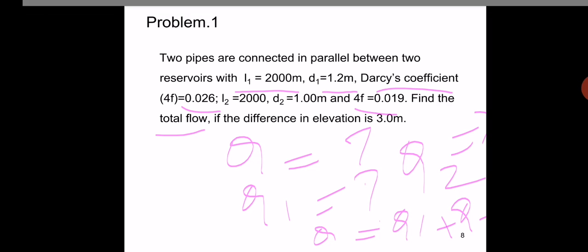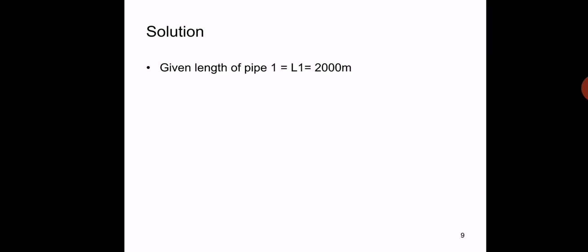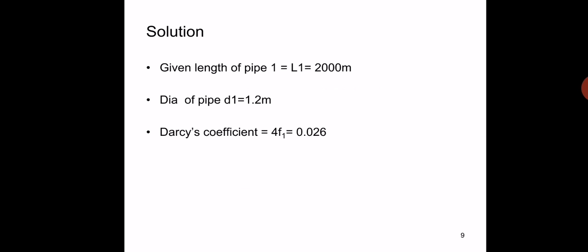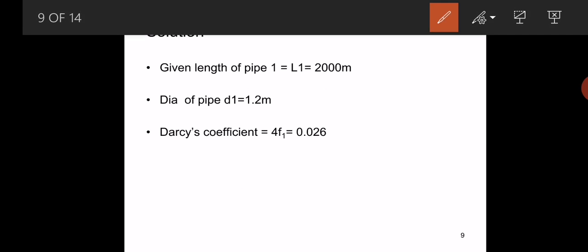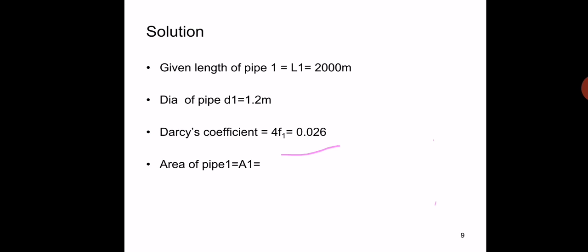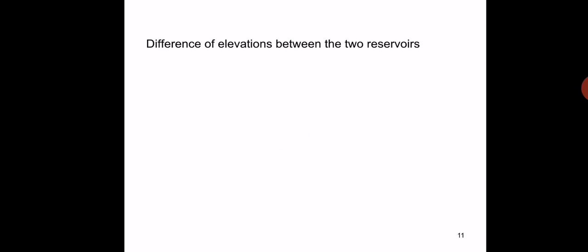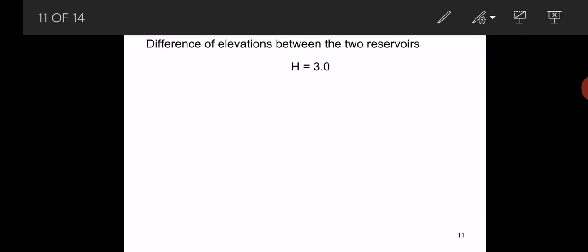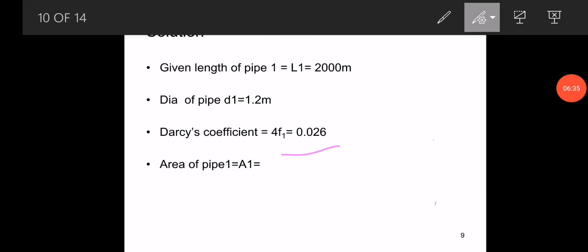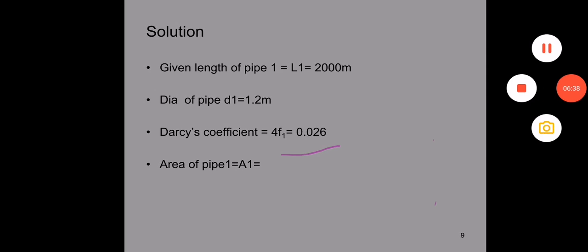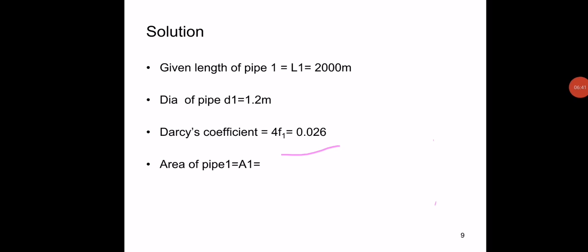So let's go for the solution. We have to write the given data. L1 is equal to 2000 meters, D1 is equal to 1.2 meters, 4f1 is equal to 0.026. A1 is equal to pi by 4 D1 square, the area of the pipe.